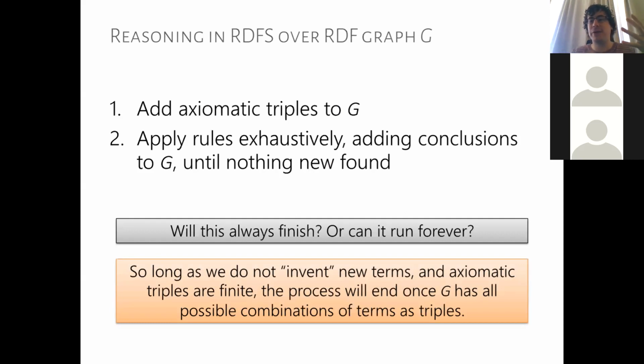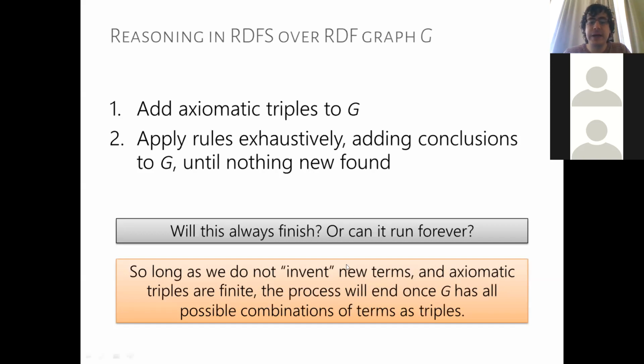So if we had 5 terms, then all we can have are 5 times 5 times 5 triples. That would be all the combinations of all the terms, all the possible triples, and then we would stop. So 125 triples, and we can't create any more.